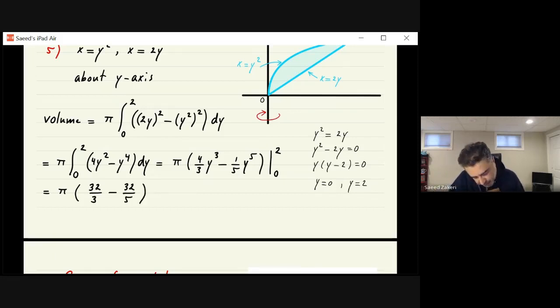And when you plug in 0, the lower bound, of course, you get 0. So that doesn't contribute at all. So 1/3 minus 1/5 is what? 2 over 15. So this is going to be 2 times 32 is 64 pi over 15. And that is the exact value of the volume.